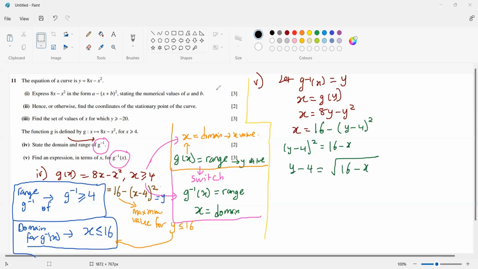And therefore, we can deduce now that y equals to 4 plus positive root 16 minus x. Then we just rewrite it nicely: the y is just g negative 1x. We're taking the positive root to ensure there's only a function. It can have an inverse only if it is 1 to 1. So 4 plus square root of 16 minus x. Thank you.